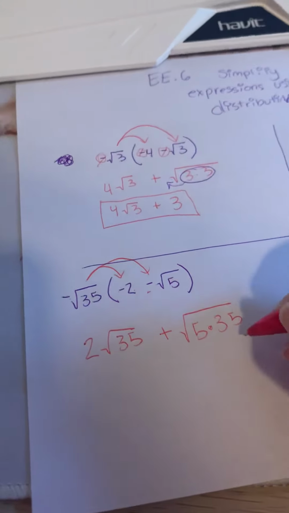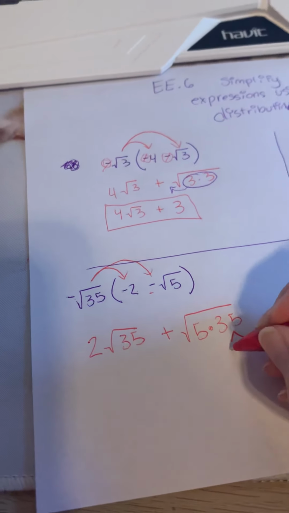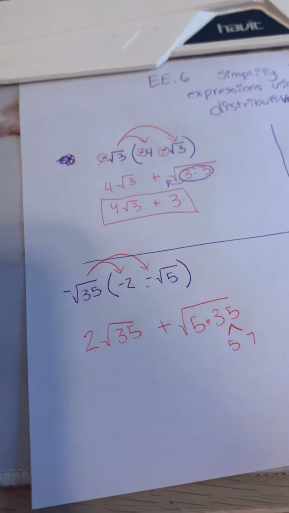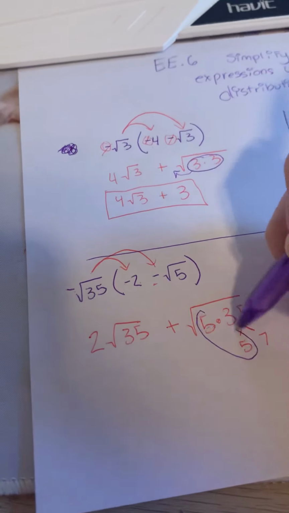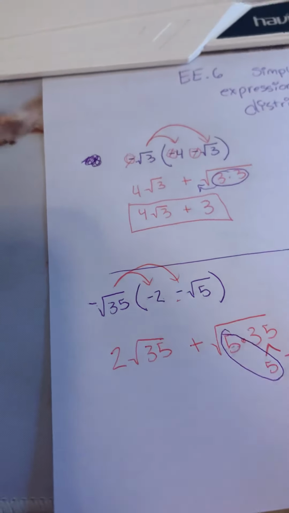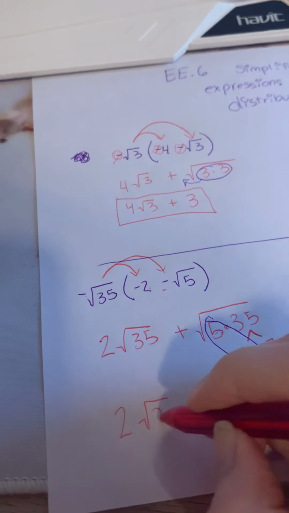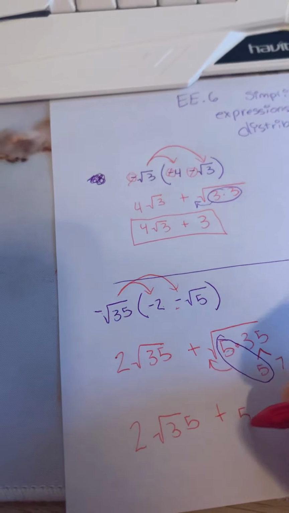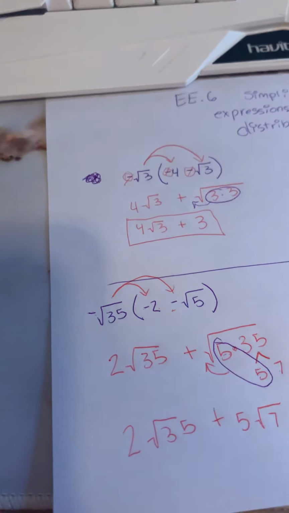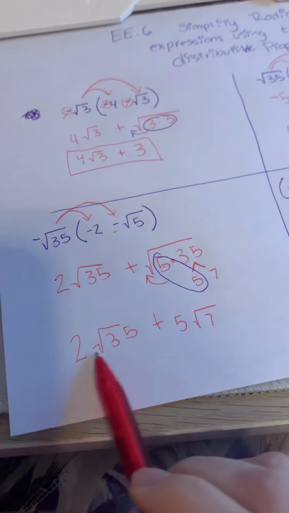So we're going to check like we did before. 35 is 5 times 7. Then if you look there, now that we added that extra 5, we have a double 5. Which means our final answer, we'll bring that down. The 5 is going to go to the outside, the 7 is going to stay on the inside. So that's going to be your final answer there.